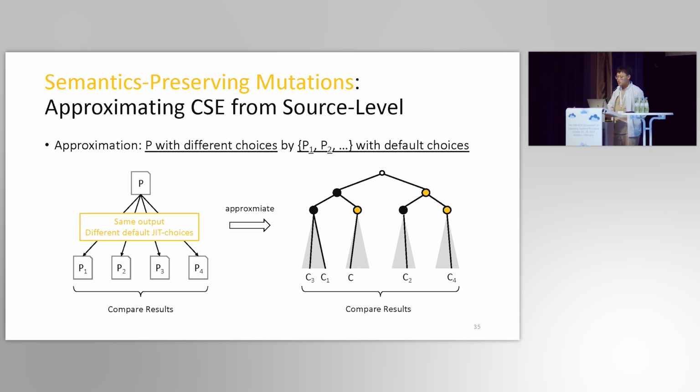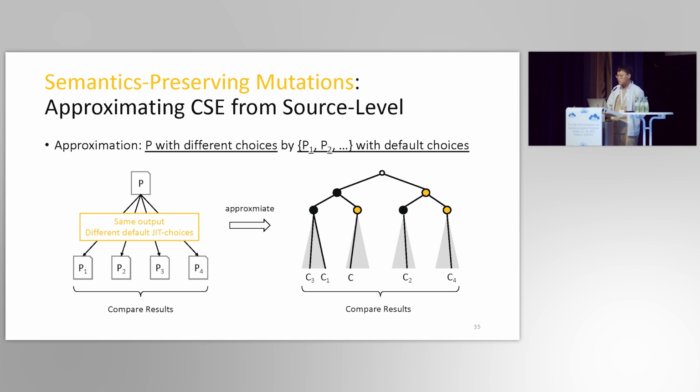In particular, for each program P, we'd like to mutate it to a program P1. And in this mutation, we ensure that P and P1 produce exactly the same result, but with very different default choices, C and C1. And with more mutants generated, we can explore the whole space very progressively.